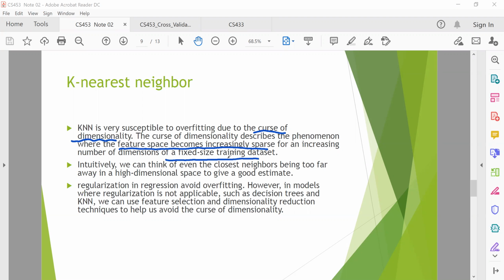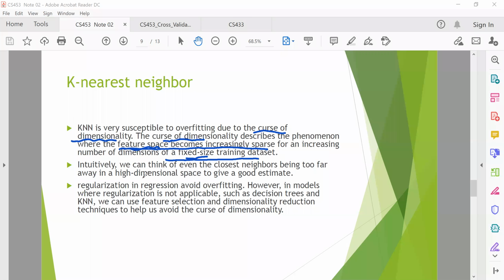So the number of samples is fixed, but you include a lot of features. Too many features considered for the model learning can cause the curse of dimensionality.